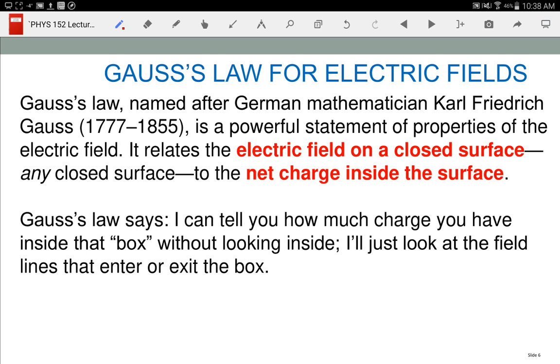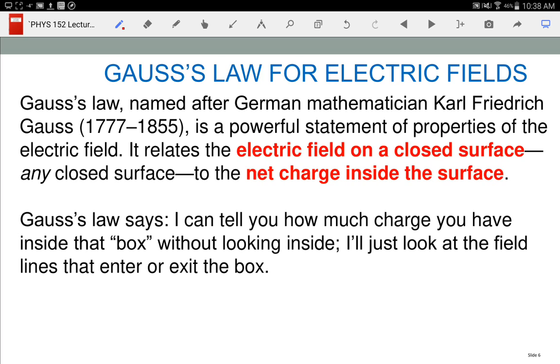So Gauss realized, wait, that means that if I have a box and I just measure how many electric field lines come out of that box, I can tell you how much charge is enclosed. The more lines that come out of the box, the more charge is enclosed. If they're coming out, it's positive charge. If they're going in, it's negative charge. So that's the idea of Gauss's law.